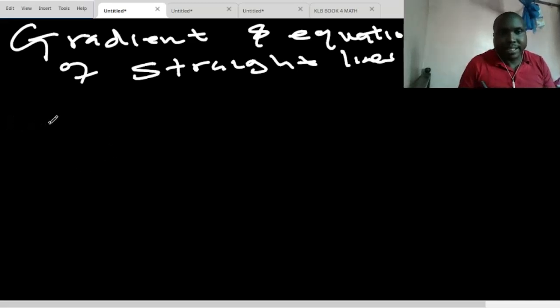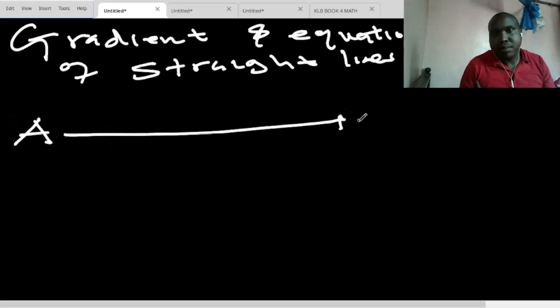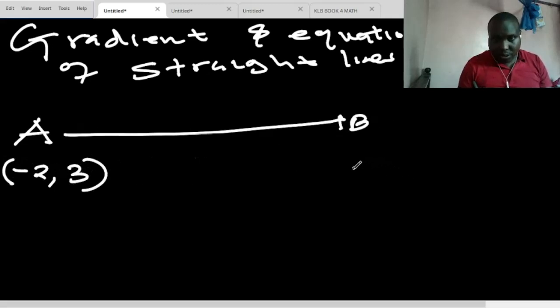If I have a straight line AB, and the coordinate of A is (-2, 3), and the coordinate of B is (3, -2).